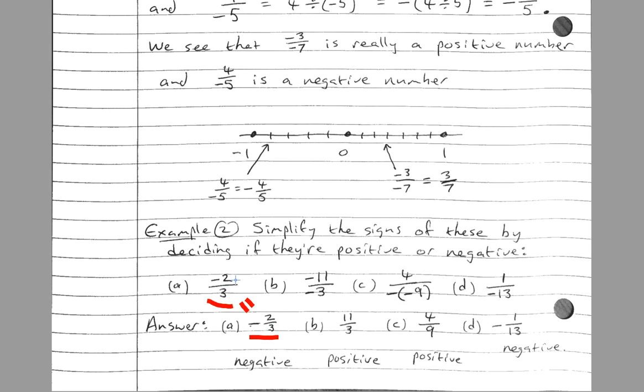So negative 2 over 3 is equal to negative quantity 2/3. All right, so yeah, it's confusing.